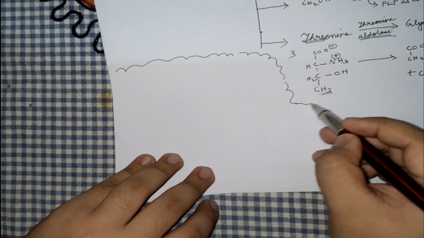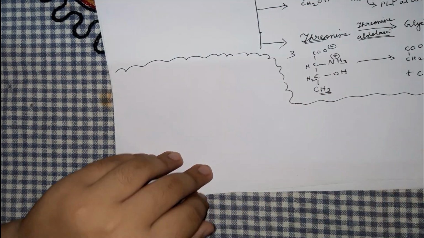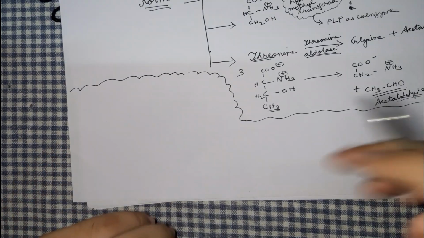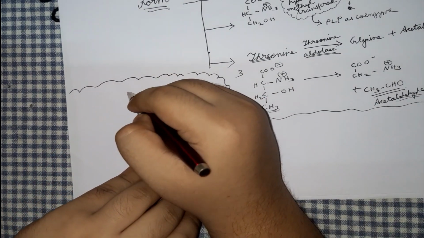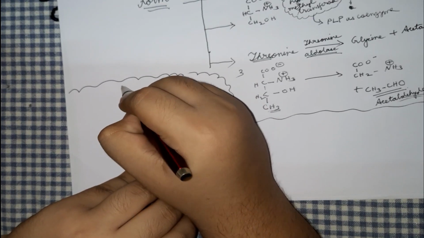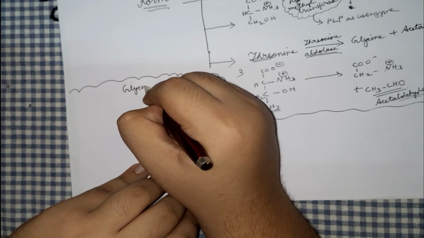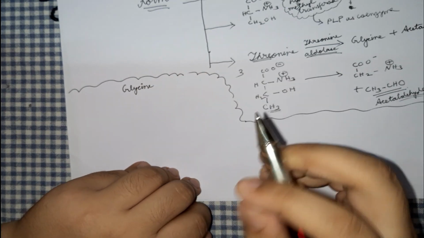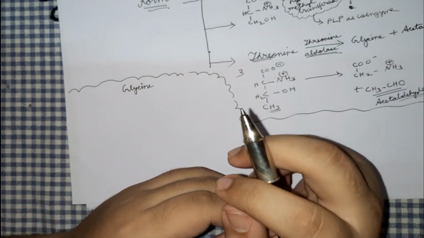Let me demarcate. We'll use up this space. Now listen to me very carefully. When glycine is formed in our body, it has a metabolic pathway. As I said, it has many metabolic functions.